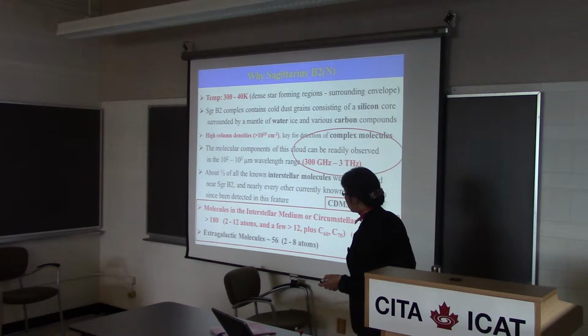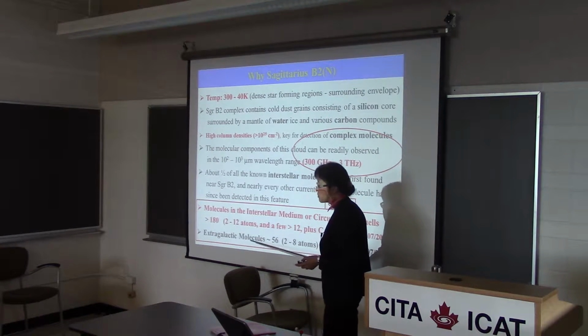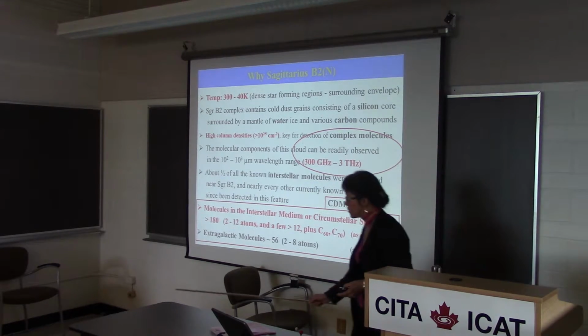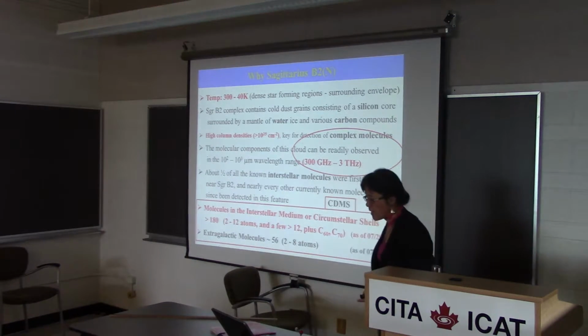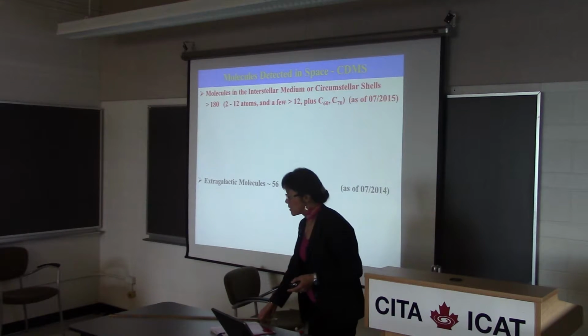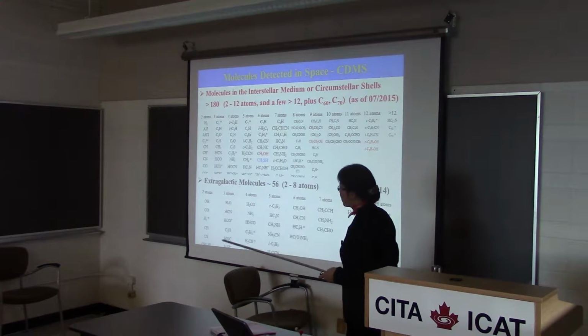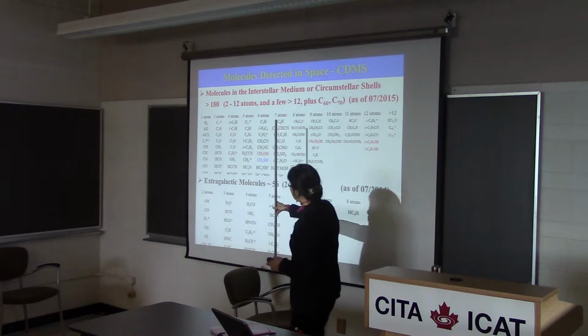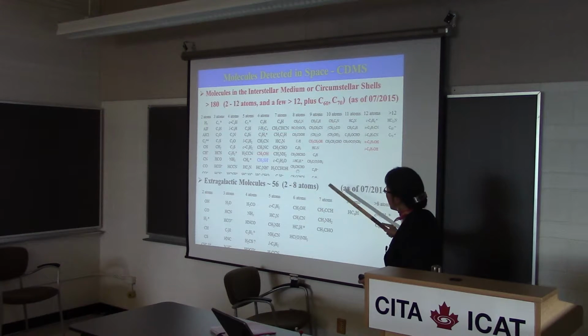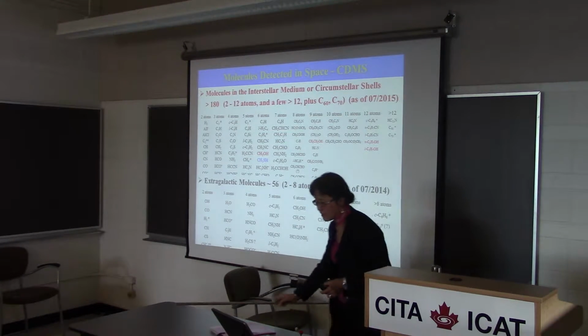The database for molecules in the extragalactic environment is not as abundant as the one in the ISM. For those of you who have used the database, the first thing you see is a table like this, arranged by column and going up in size. So the goal is you keep finding new things and updating it here.